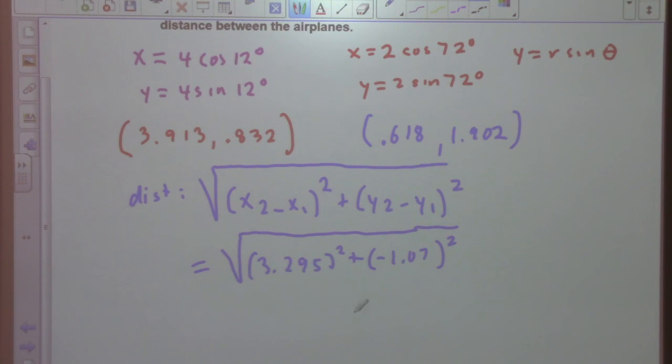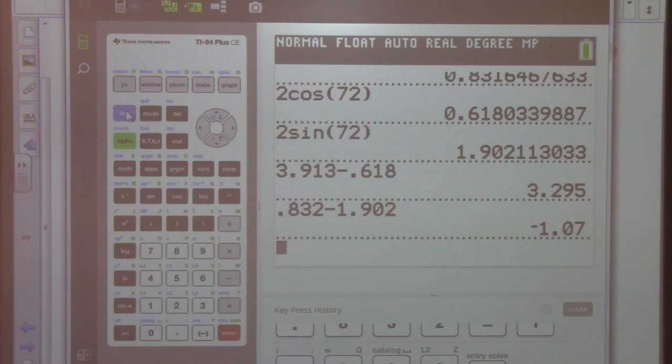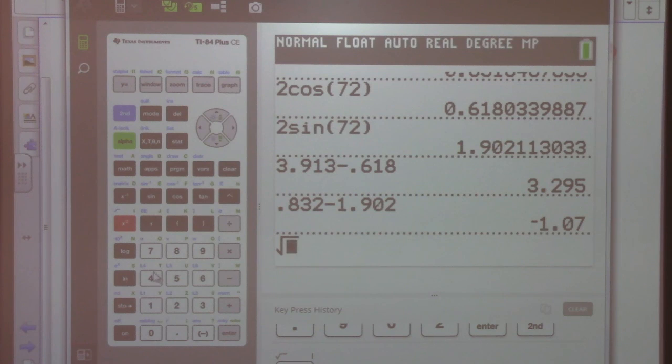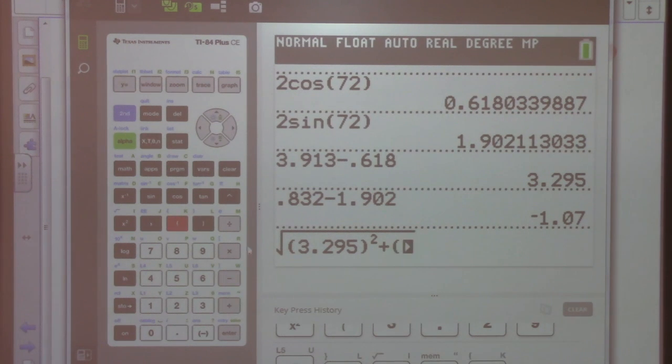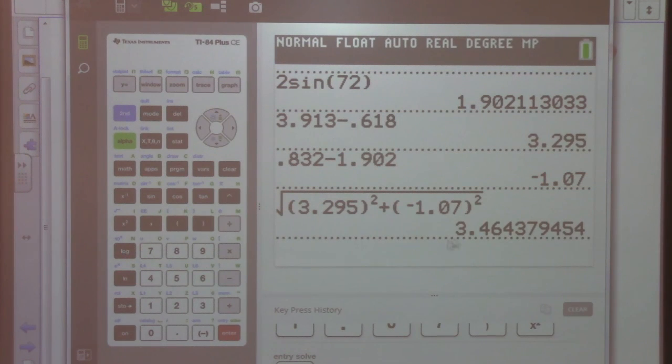So we have 3.295 squared plus negative 1.07 squared, and for that we get 3.464.